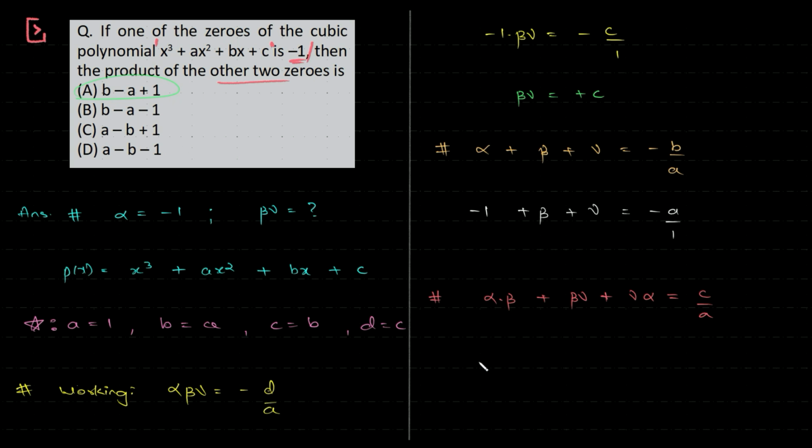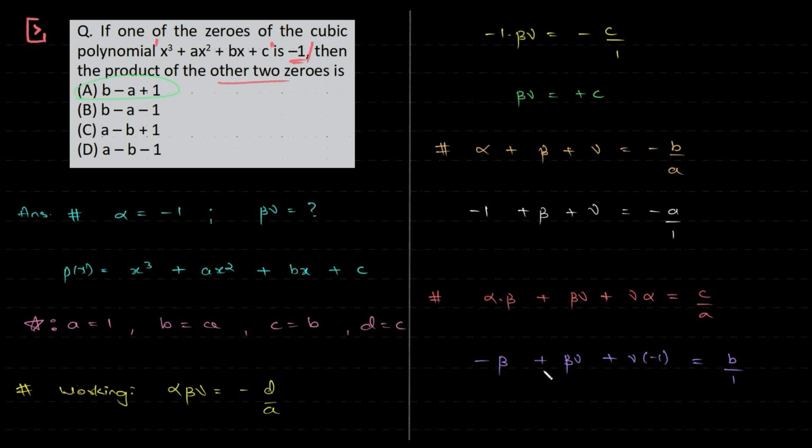Okay, so it's minus beta plus beta gamma, then plus gamma into -1. Plus into minus is minus again. C is b by 1. Right, guys? So are we ending up with some value? Let's see.